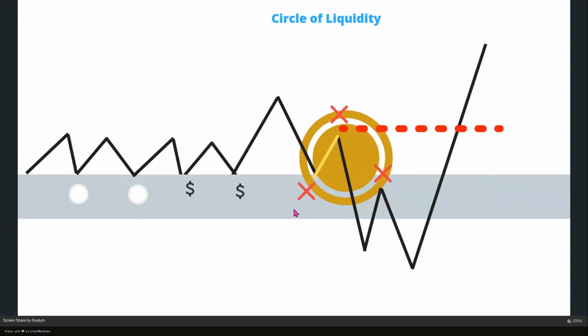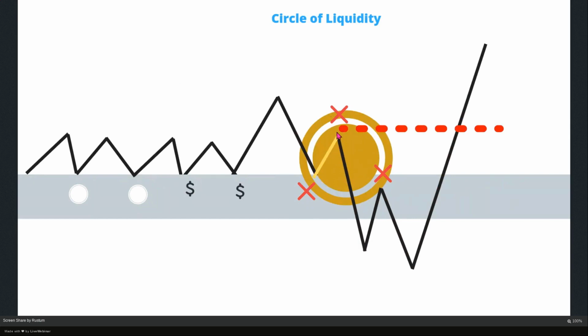So all the stops of all three of those types of traders must be taken out before we become interested. So our entry here is going to be in this area here. So the circle of liquidity means that all of the types of traders are inside here. Not one of them is missed.